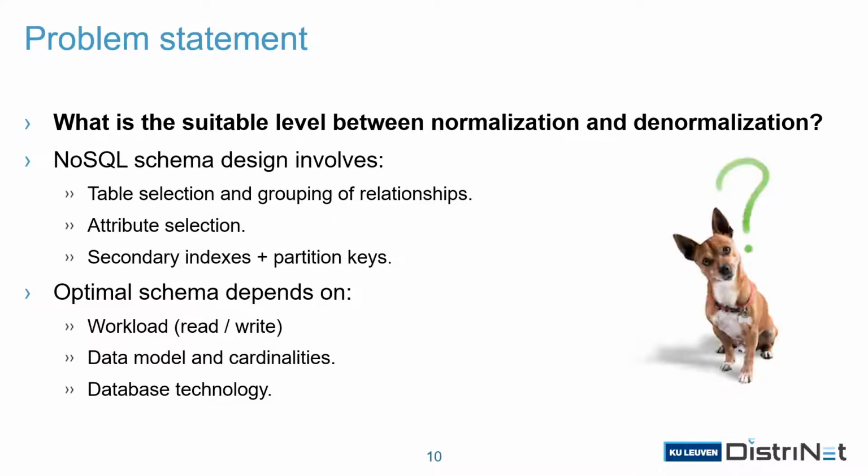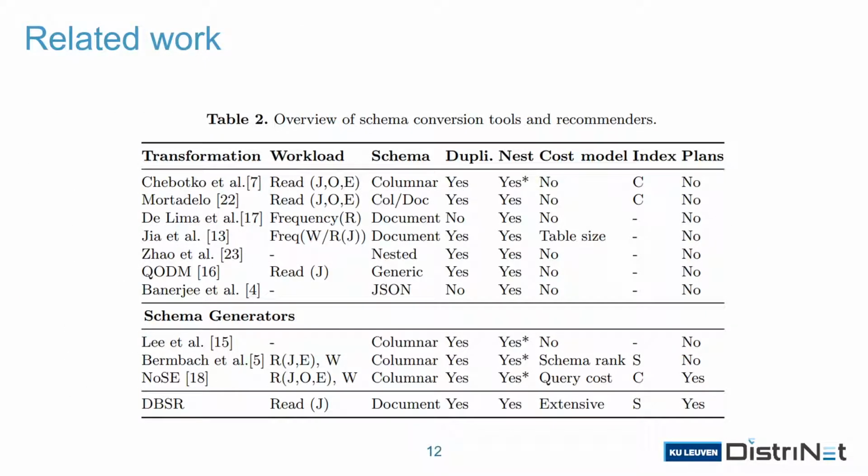Now, related work has done a lot towards alleviating such manual effort, and there are tools which take your data model and some portion of your workload and ultimately suggest some type of schema for columnar NoSQL databases and document database systems, but most of them apply straightforward transformations rather than enumerating all possibilities and applying cost models or heuristics to figure out the best candidates.